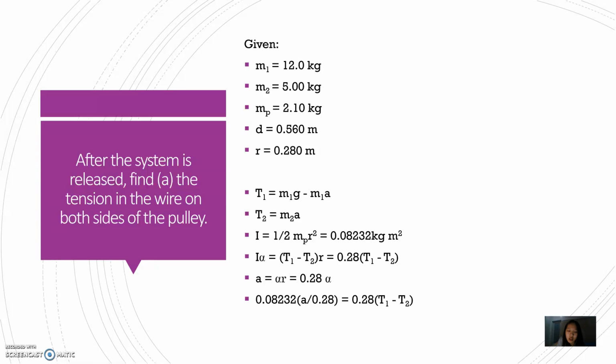Your horizontal tension would be T2 equals M2A. Our moment of inertia for a solid disk is 1/2 mr squared. For rotational motion, I alpha equals T1 minus T2 times R. Your linear acceleration is equal to angular acceleration times radius.